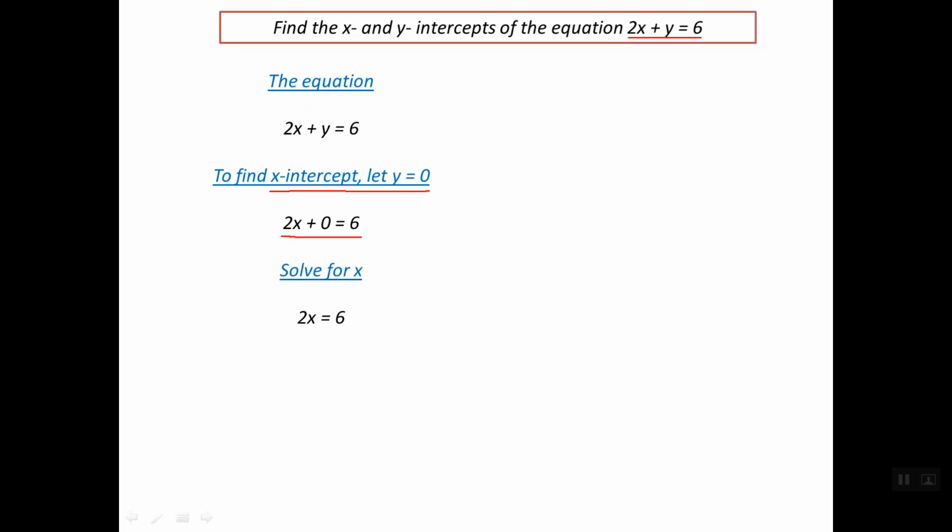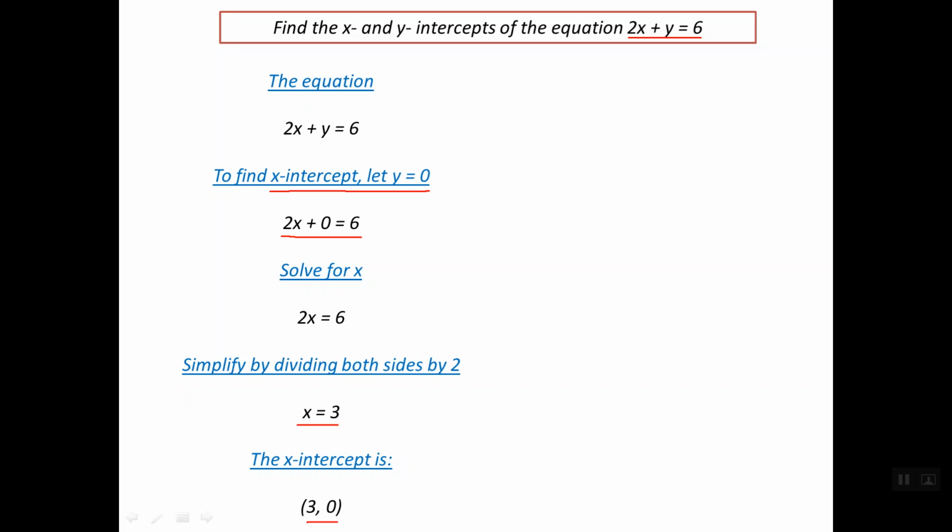So 2x is equal to 6. Simply we can divide both sides of the equation by 2, so the value of x is equal to 3. We can conclude that the x-intercept is 3 and 0.